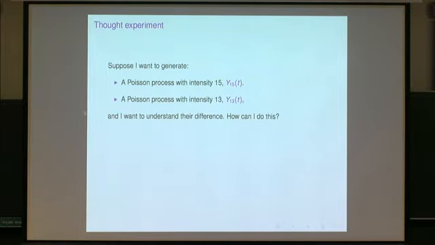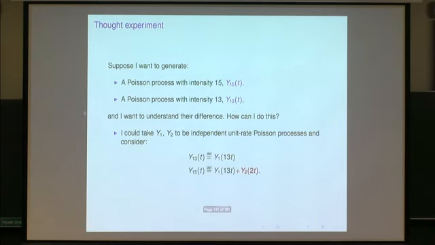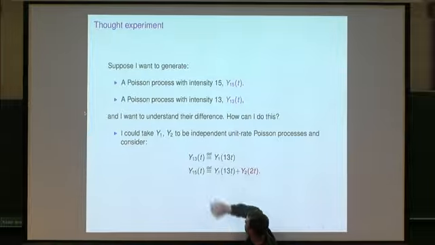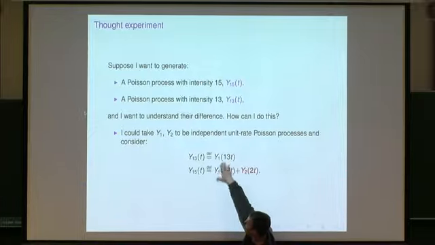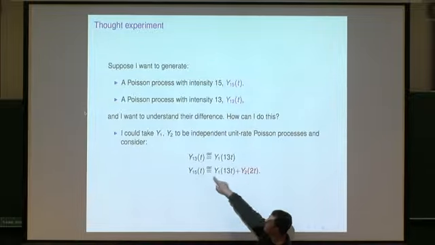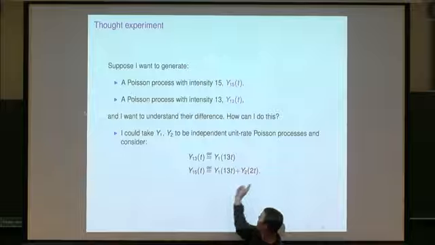Okay, so think about how to simulate a Poisson process with rate 15 and one with rate 13. From what you now know, a good way to do that would be this. I could have one process running at rate 13 and I let both processes share those jumps. They're jumping simultaneously. And I then just have an auxiliary process for this guy running at rate 2.